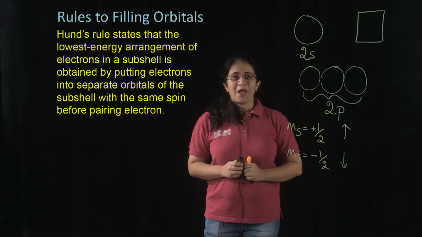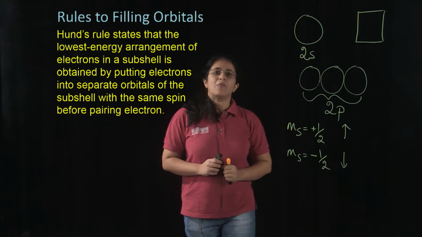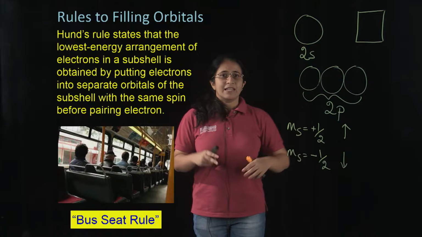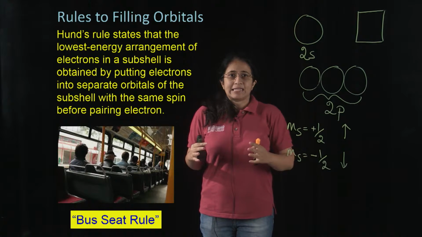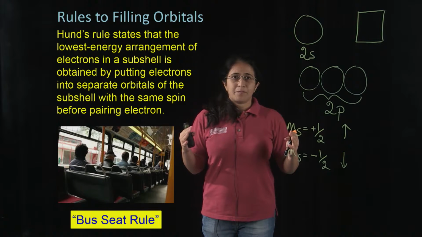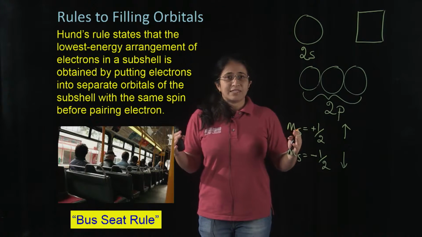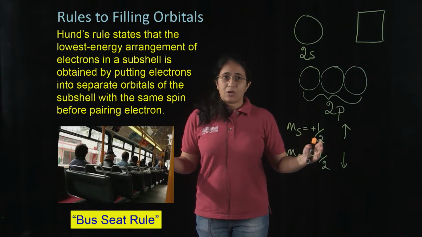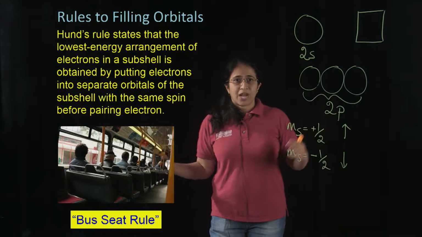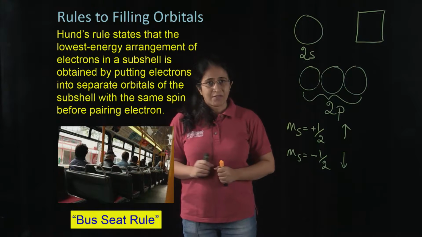Sounds complicated? Well, let's take the example of riding a bus. It's a natural human tendency that we like to occupy a seat entirely by ourselves. If another passenger comes in and finds that there's no other seat that he can occupy entirely by himself or herself, he has no choice but to share it with a fellow traveler.